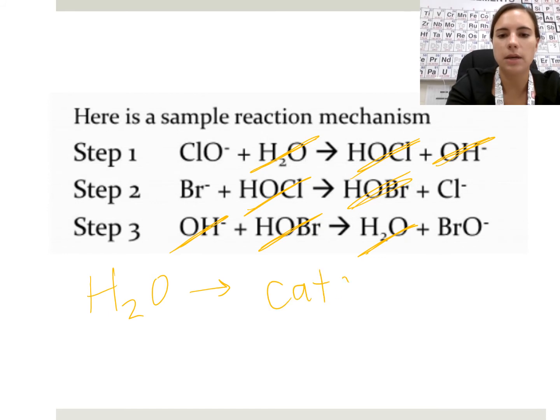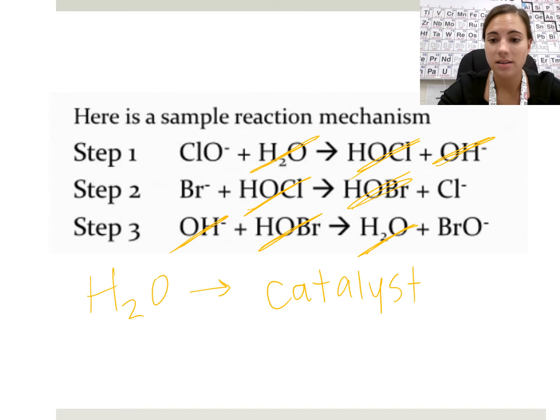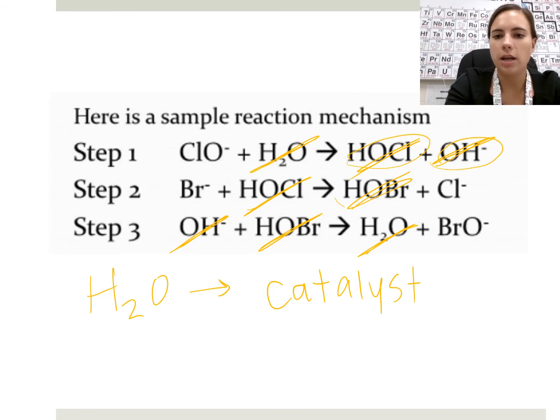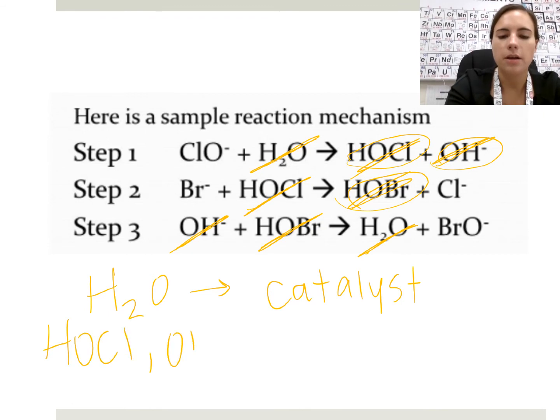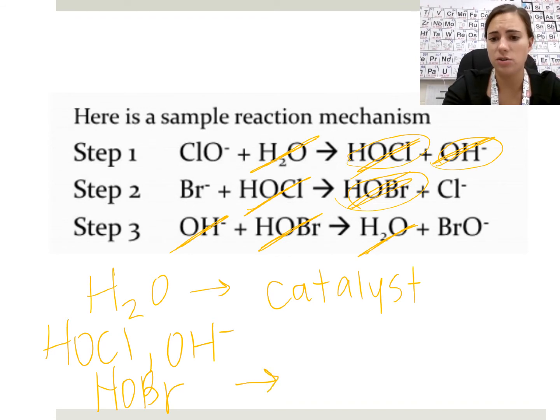It's present at the beginning and it's present at the end, but it cancels out and isn't in the overall reaction. HOCl, OH, and HOBr are all intermediates because they are created during the reaction, but then they are used up or consumed or change form. So those are all intermediates.